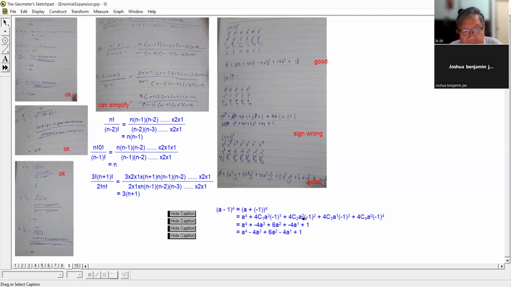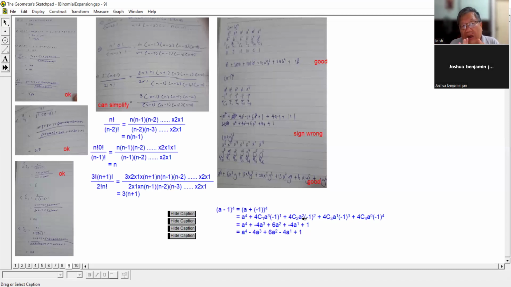Next one will be a to the power of 2. If a is raised to the power of 2, then what will be the power of b? So I use 4 minus 2. Then b will be raised to the power of 2, and the coefficient will be 4C2, because the b is 2, then here is 2.